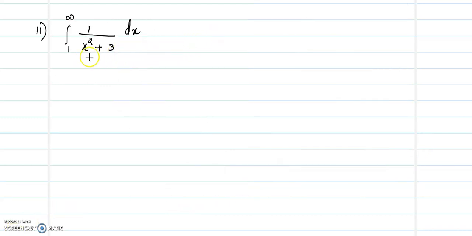For evaluating this integral, let us put x equal to root 3 u. So dx will be equal to root 3 du, and u will be equal to x by root 3.